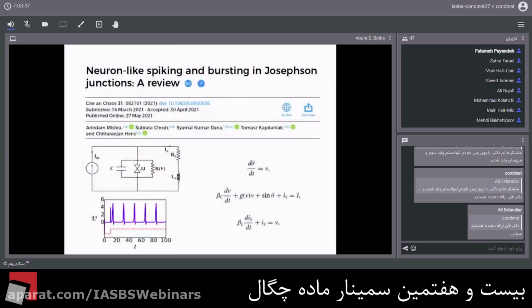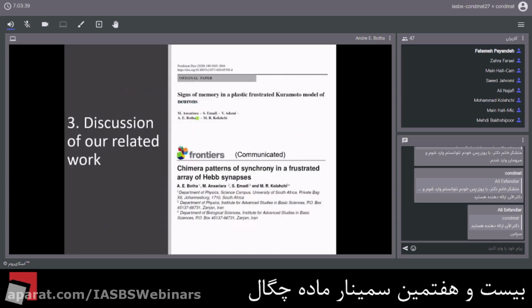Now, lastly, I will discuss some of our related work. We started off in 2020 with a model related to the famous Kuramoto model that was aimed at modeling memory.